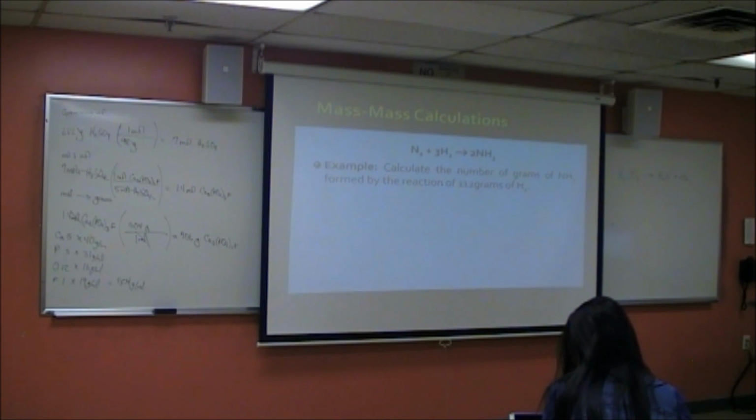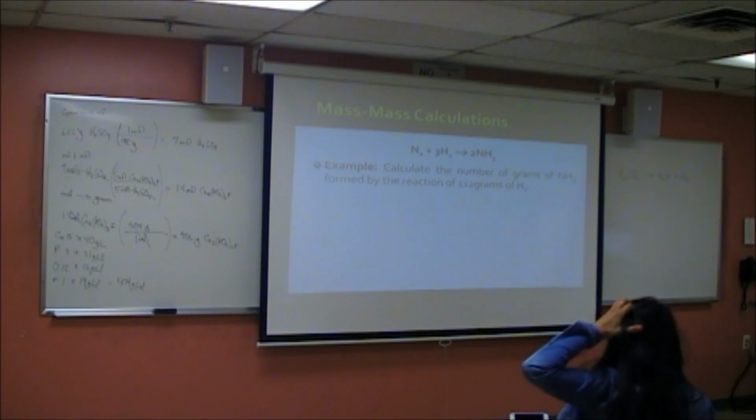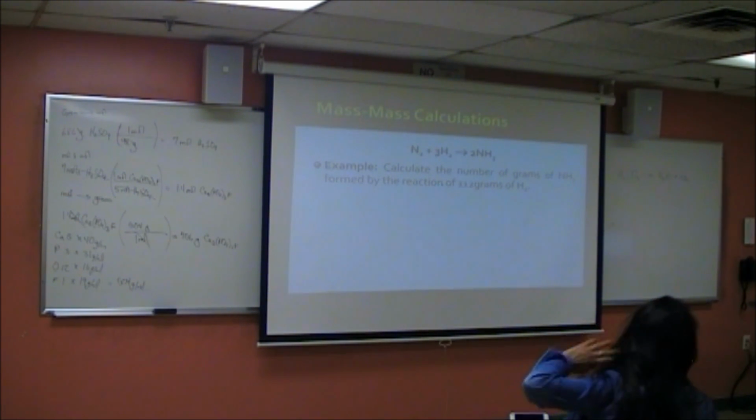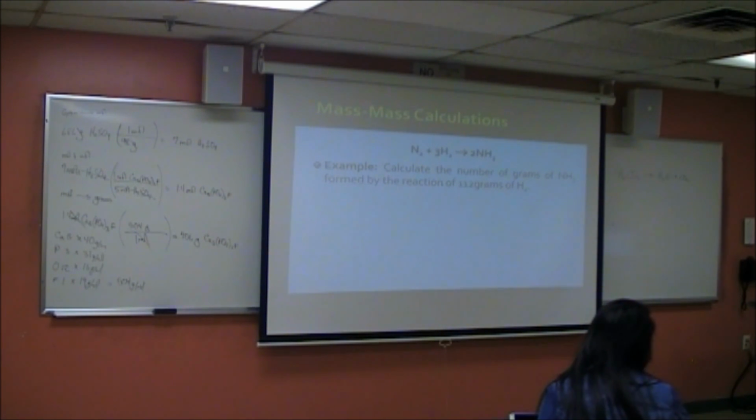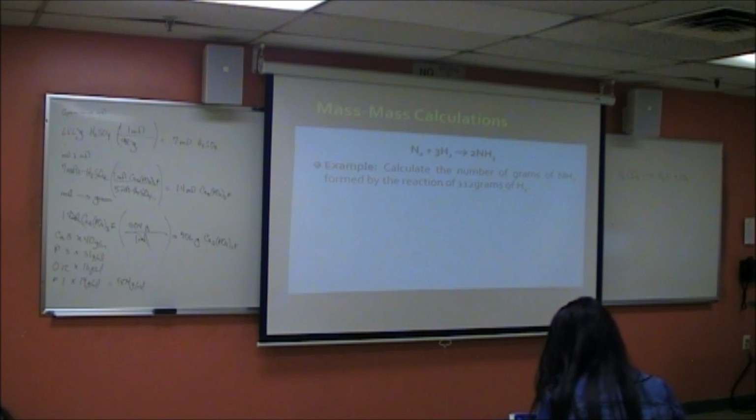Multiply across, 56 times 2, divided by 3, gives 37.3 moles of ammonia. This is not grams, this is moles. We're still in moles. Moles of ammonia.